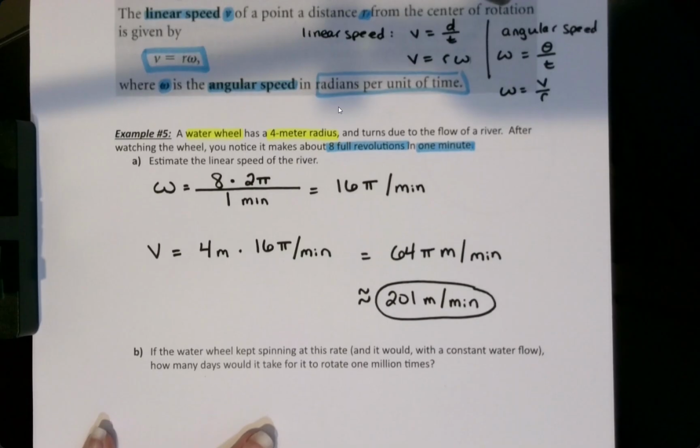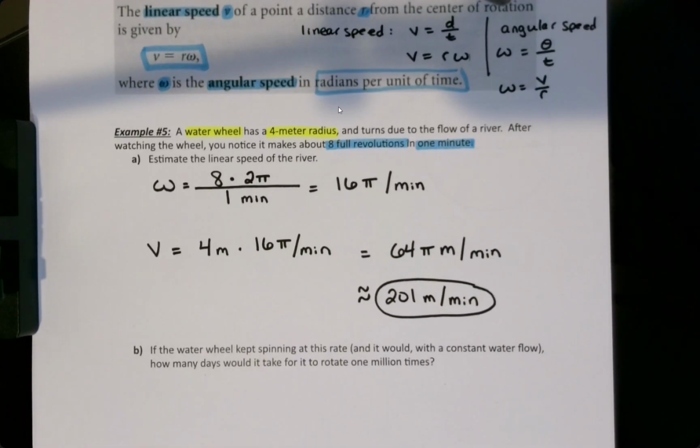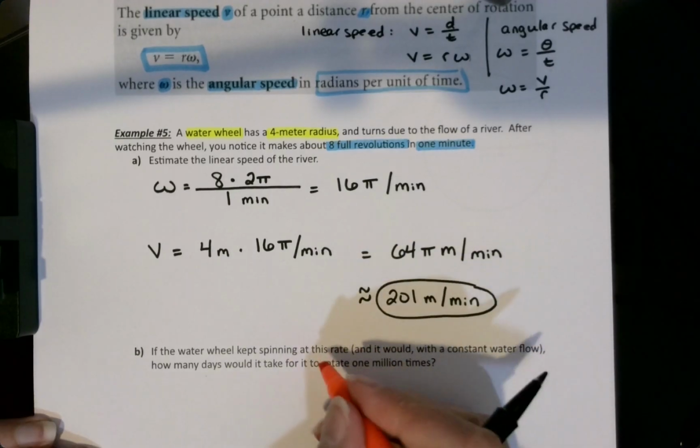If the water wheel keeps spinning at this rate, and it would with a constant flow of water, how many days would it take for it to rotate 1 million times? Okay. Here I'm looking for the number of days it takes to make 1 million rotations.